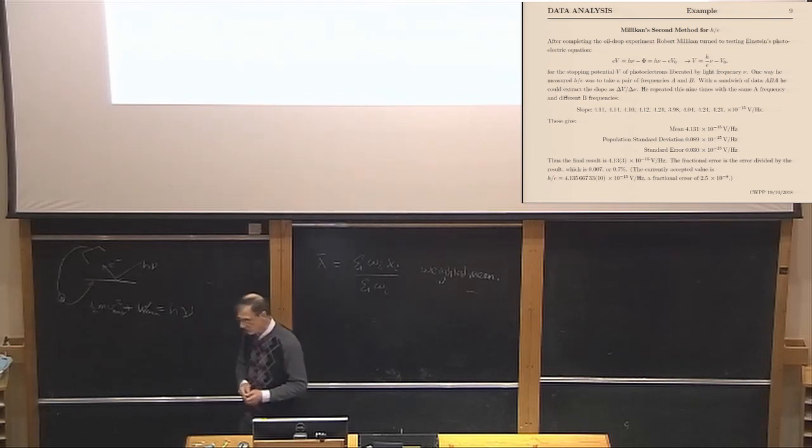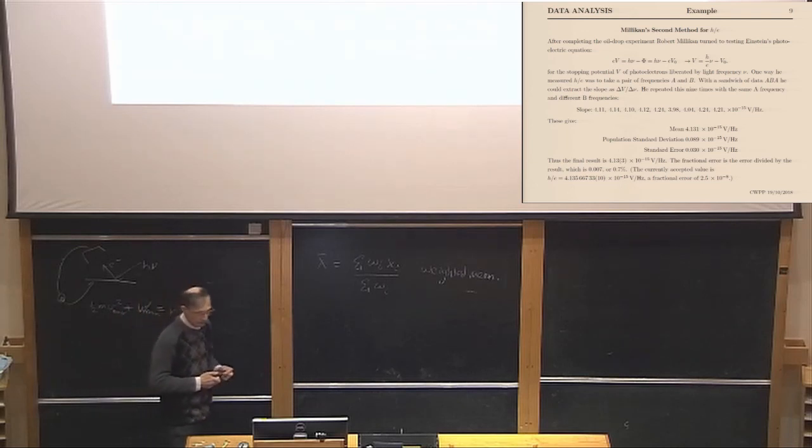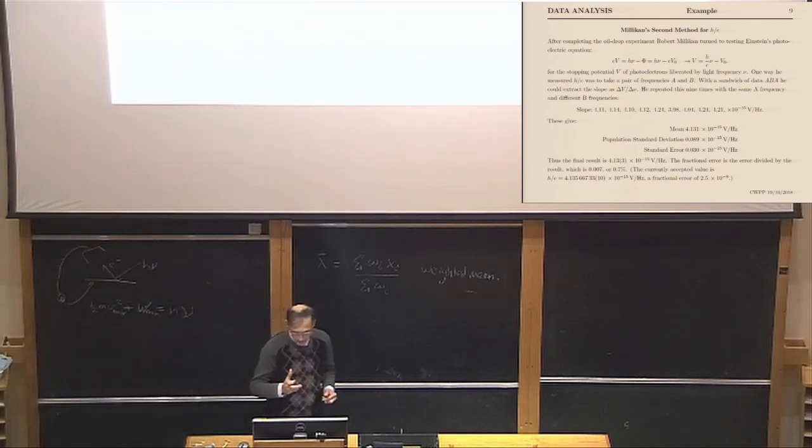You then have to show it's linear. You have to measure the stopping potential for a range of different frequencies. And that was his first method. And then the slope of the line is given by h over e.